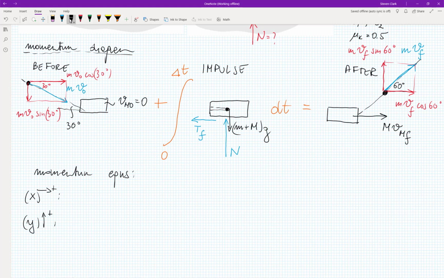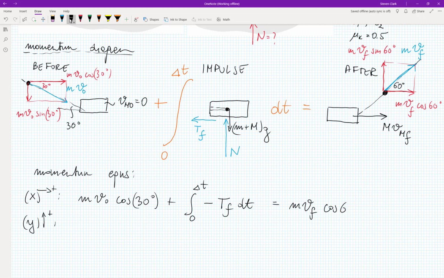Okay, so at the beginning we have mv0 cosine 30 degrees plus integral of minus f dt from 0 to final. And this will result in mv final cosine 60 degrees plus the momentum of big block, right? Plus big M v big M final.